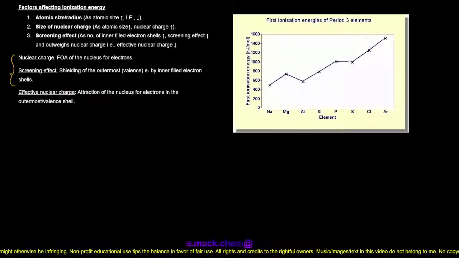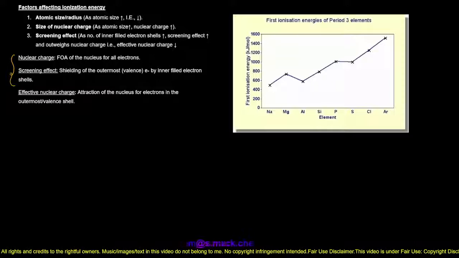So once again, nuclear charge would be the attraction of the nucleus for all electrons in the atom, whereas effective nuclear charge would look at the attraction of the nucleus for the electrons in this valence shell.